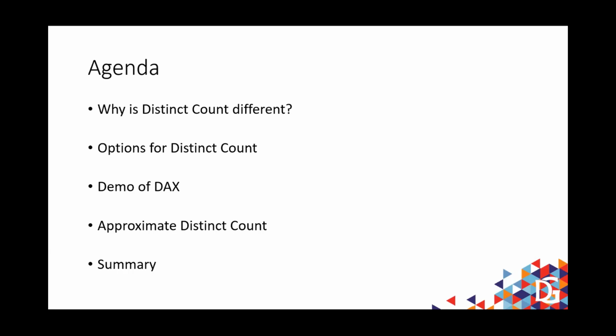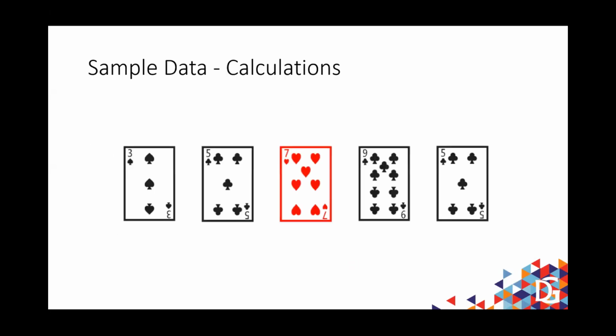So what I thought I'd try and do is describe, using playing cards, exactly what the system needs to do when it needs to do some calculations such as distinct count. So this is why distinct count is different. Just imagine you had a set of playing cards from multiple packs of cards, and you shuffle them up, and you do quite a good shuffling of this, and you want to perform a variety of calculation types.